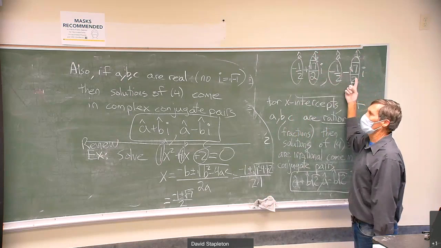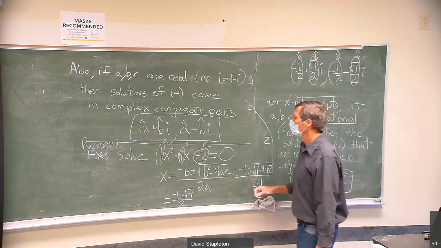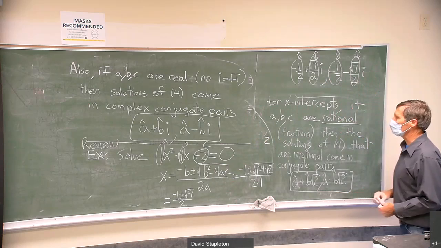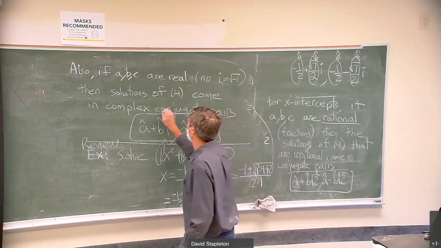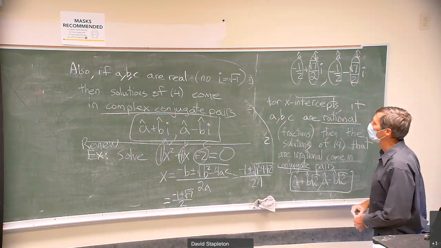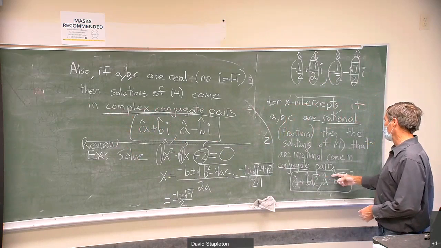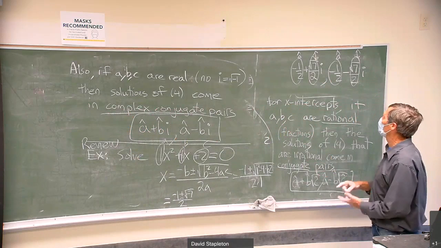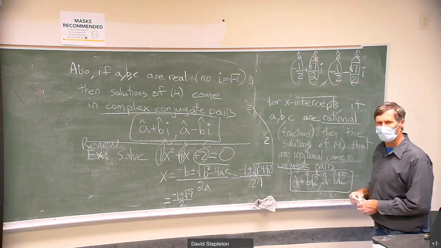They came in a complex conjugate pair. So these are irrational conjugate pairs. Those are complex conjugate pairs because they have complex numbers. There's a lot of stuff in it.